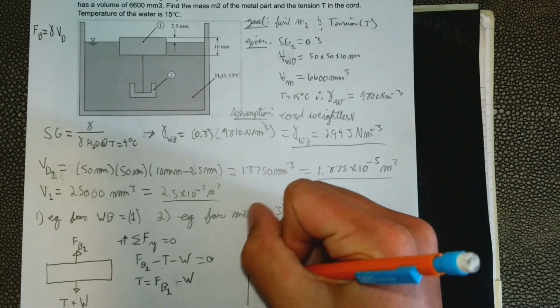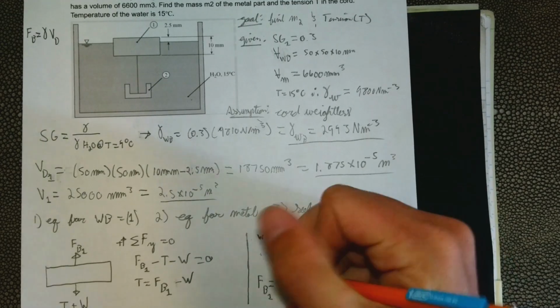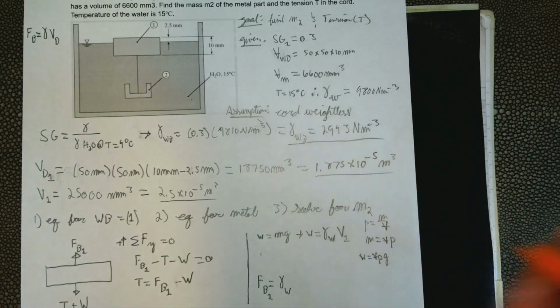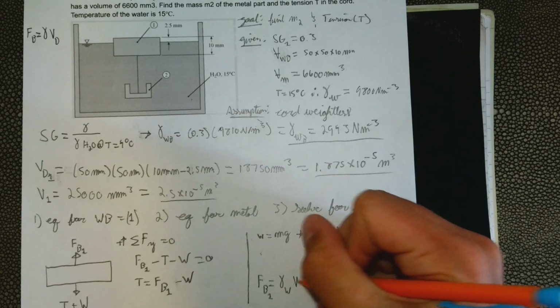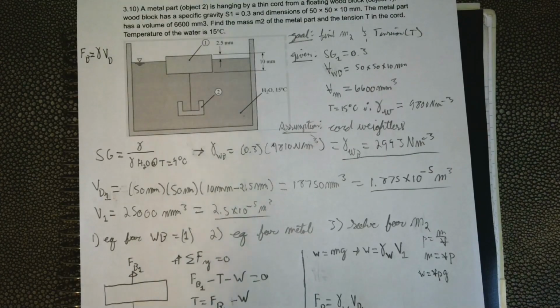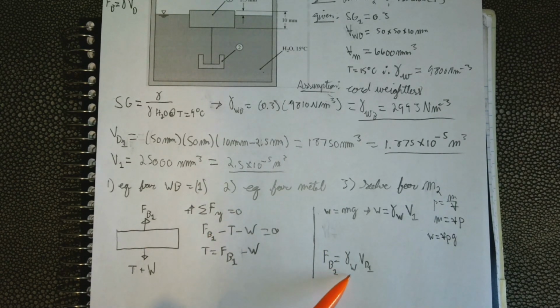Okay, now let's solve for the buoyancy force. Buoyancy force equals the specific weight of the liquid, which in this case is water, multiplied by the volume displaced of the wood block. Now that we have our formulas, let's plug these numbers into this equation.